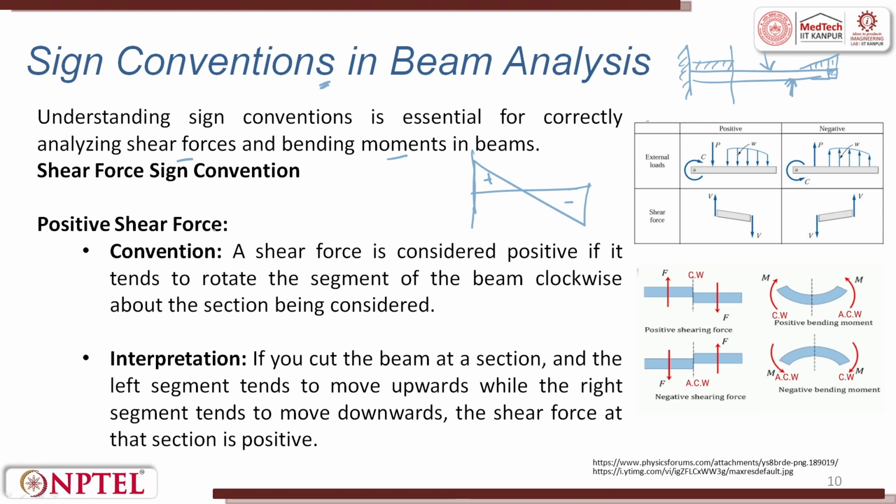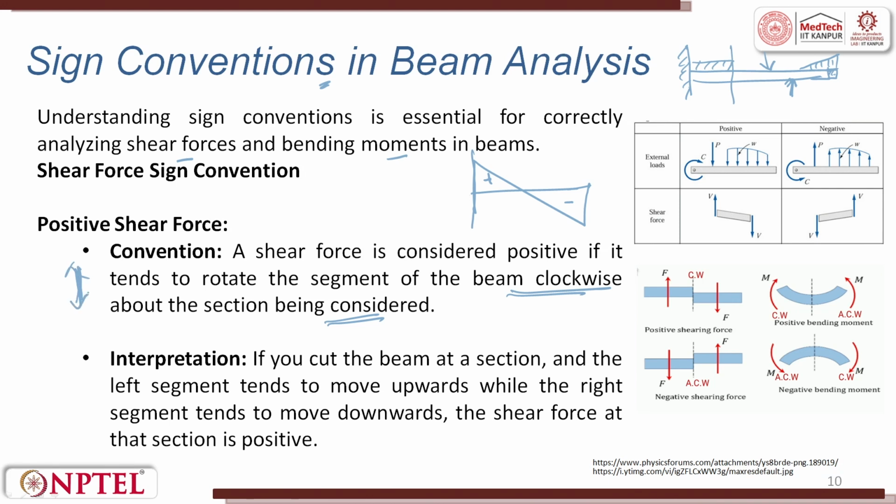Positive shear force convention. A shear force is considered positive if it tends to rotate the segment of the beam clockwise about the cross section being considered. This is positive shear force.